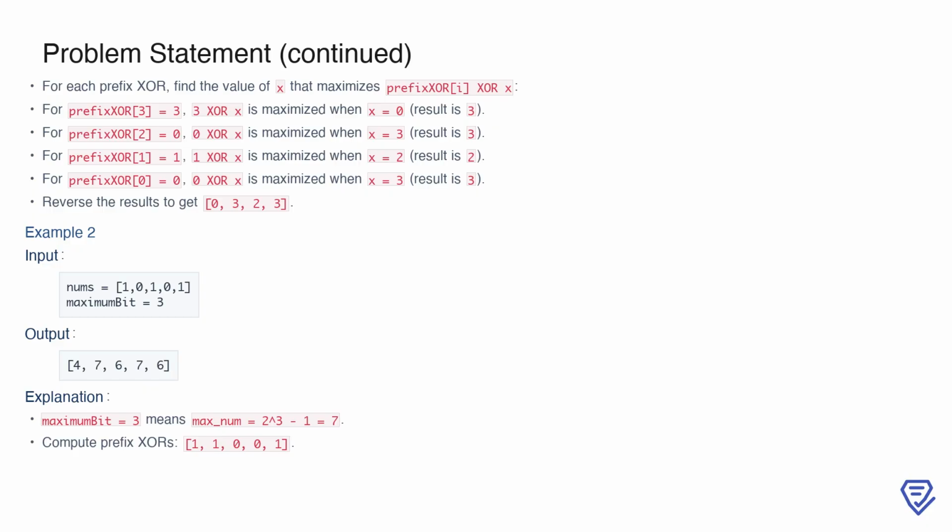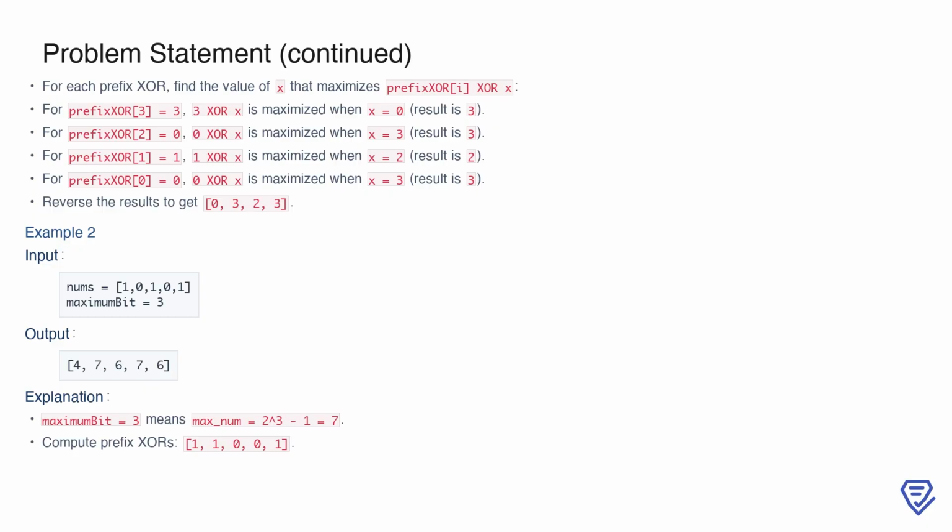To compute the output array for this example, let's evaluate each prefix XOR and find the x value that maximizes the XOR result. Starting with prefix XOR 4, which equals 3, the maximum result of 3 XOR x occurs when x equals 0, giving a result of 3. For prefix XOR 3, which equals 0, the maximum result of 0 XOR x occurs when x equals 3, giving a result of 3.